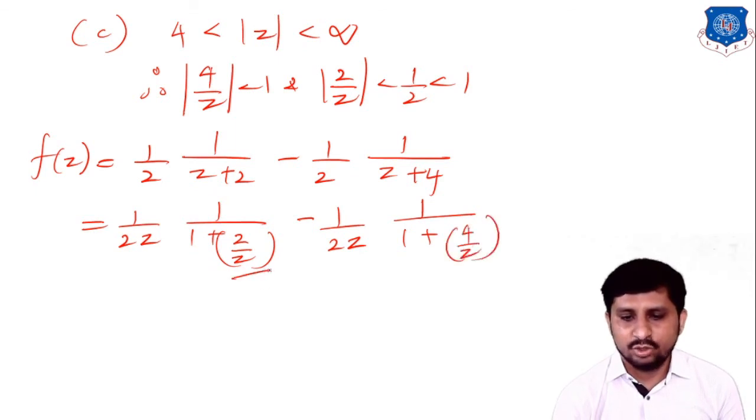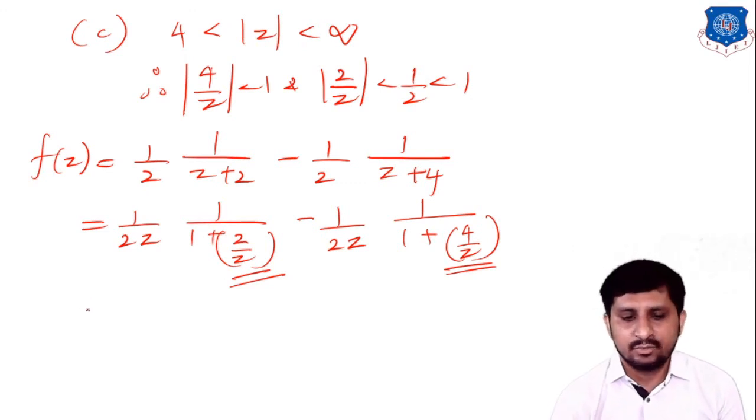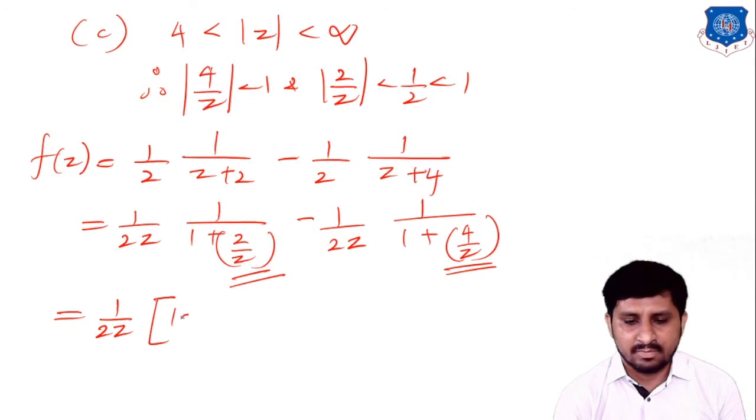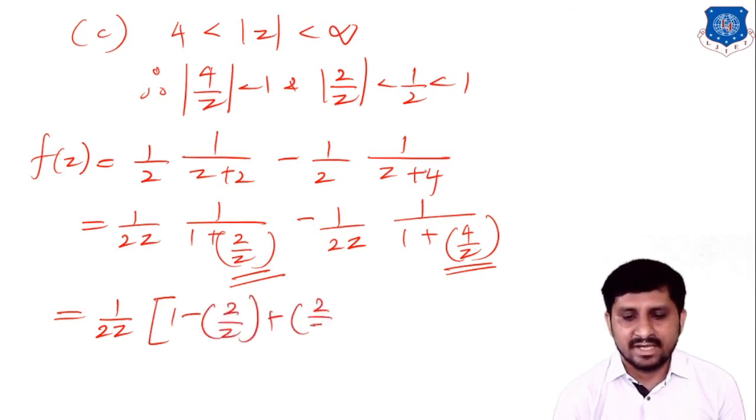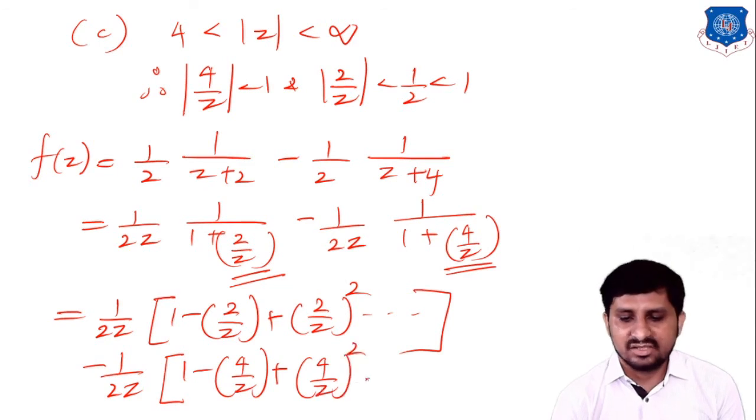And the modulus values of both terms, mod 2 by z and mod 4 by z, are less than 1. So that's why I can write 1 upon 2z, 1 minus 2 by z plus 2 by z whole square, and so on, minus 1 upon 2z, 1 minus 4 by z plus 4 by z whole square, and so on.